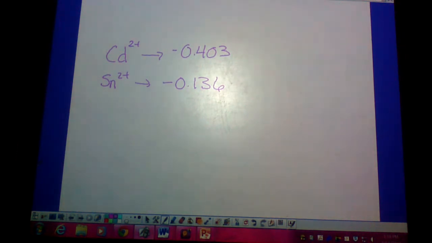Now, if something has a greater standard reduction potential, that means it's going to be better at being reduced. So that means it wants to be reduced. So which one of these has a greater standard reduction potential?